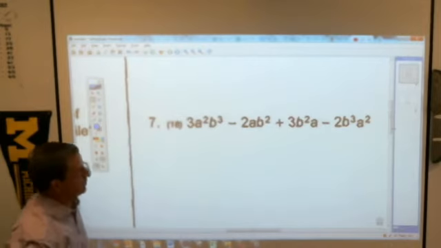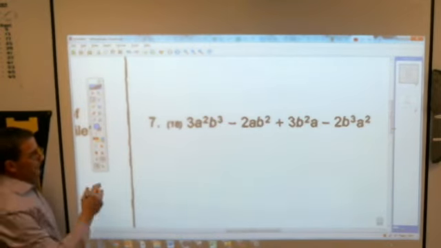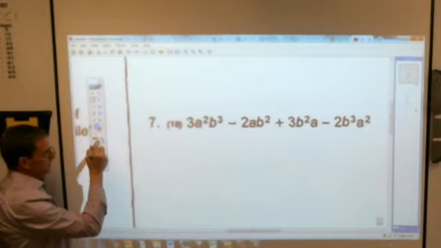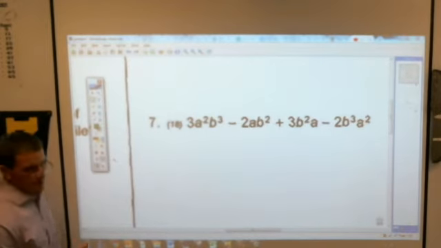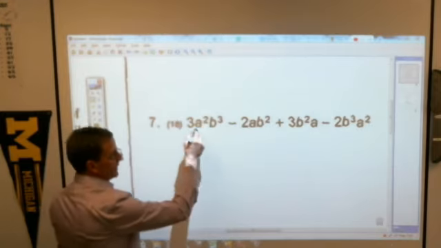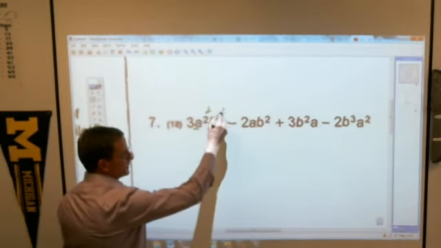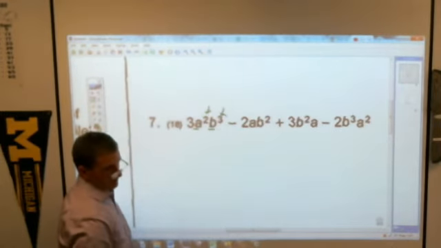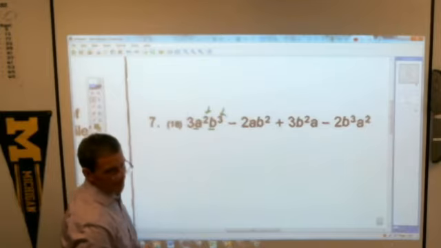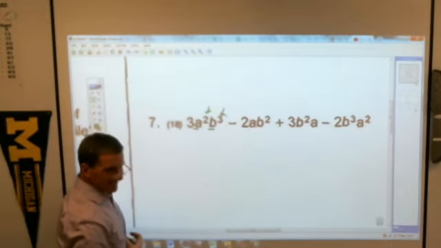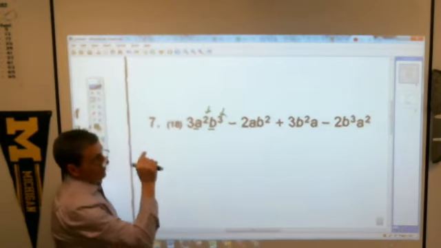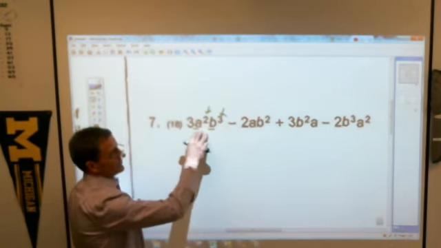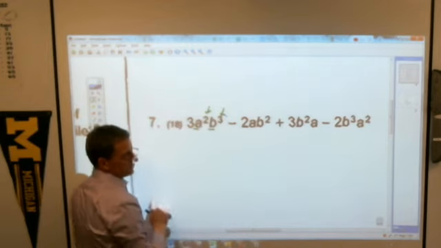What's the direction say? Oh, directions just say simplify, right? The only way you can simplify this is if you have like terms. And remember, like terms have to have the same letters to the same exponents. You're quickly writing on what you're writing. I didn't even see it. I'm writing the question, so. Oh, you're writing this down. So, Abram, in order for this to be put with anything else, it has to have an a squared b cubed.